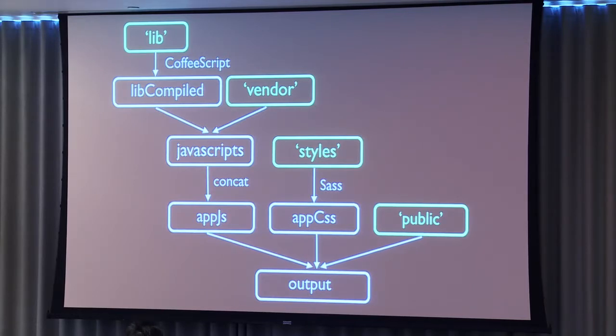So we take the lib directory, we run it through the CoffeeScript filter, which gives us a libcompiled tree. We merge the libcompiled tree and the vendor tree, get a merged JavaScript tree. We run the concatenator to get an app.js tree. Then we run Sass on the styles tree to get an app CSS tree. And finally, we merge everything into one single output tree.